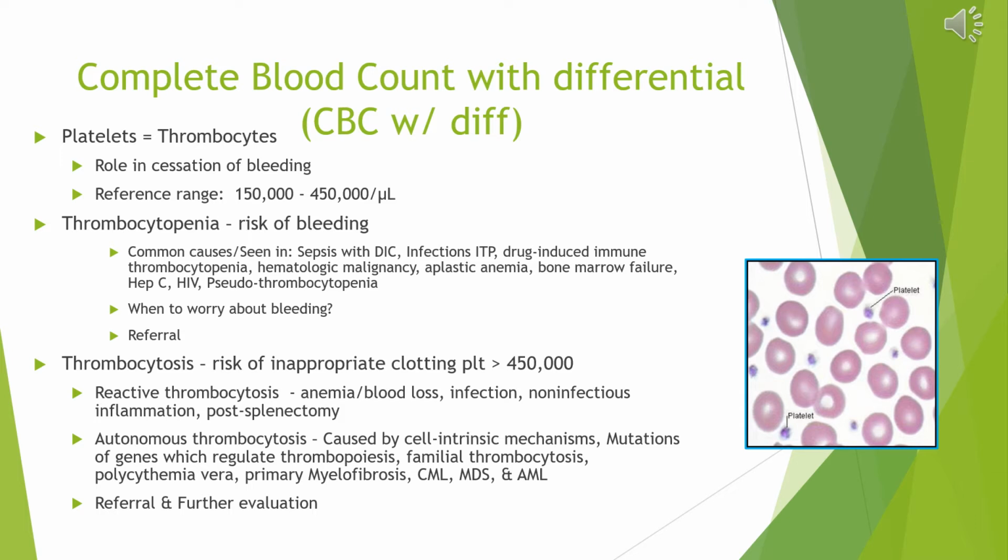And so you'll see a lot of this in familial or inherited conditions, and then certain types of leukemia, CML, AML, and then MDS. So again, referral and further evaluation is going to be necessary if you see this in practice.